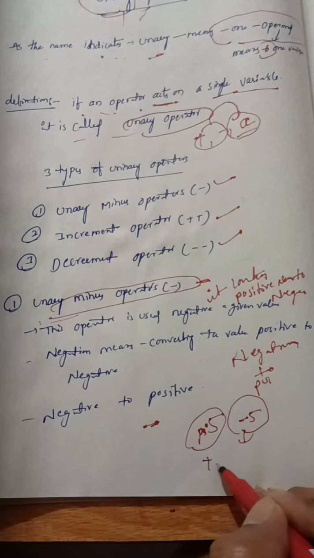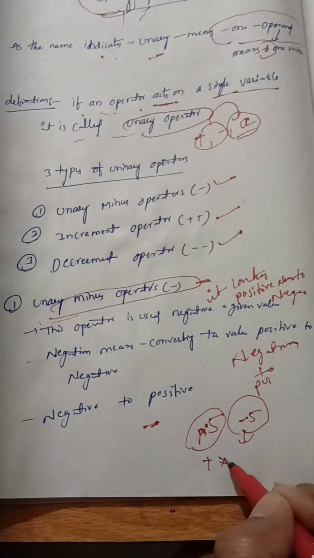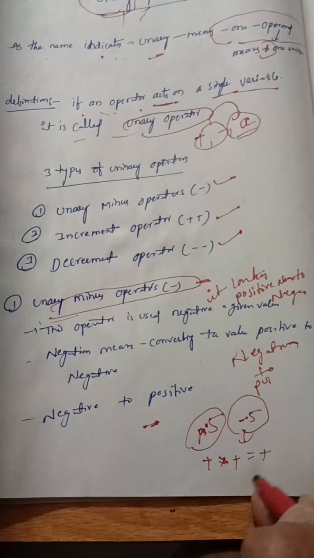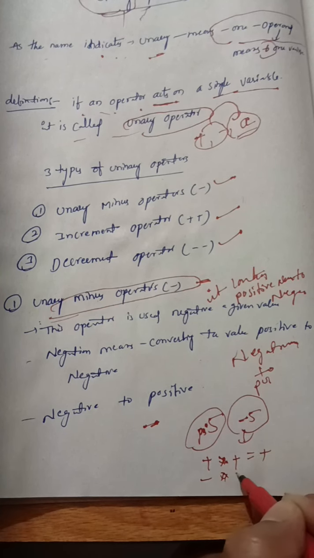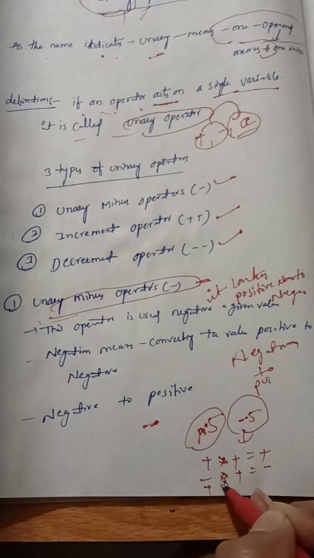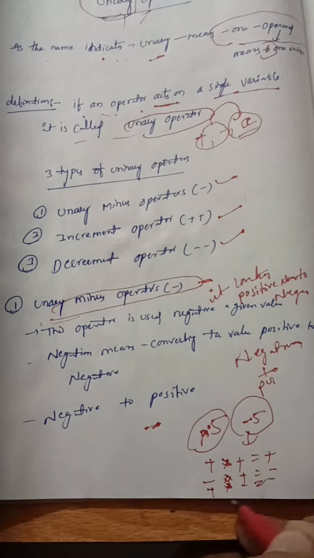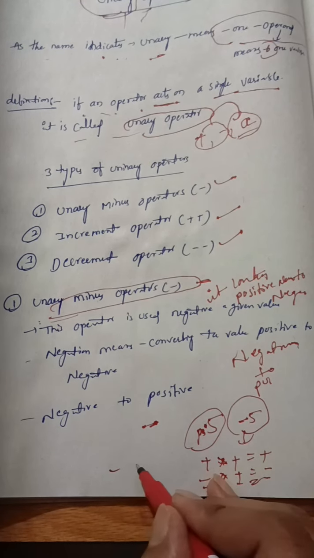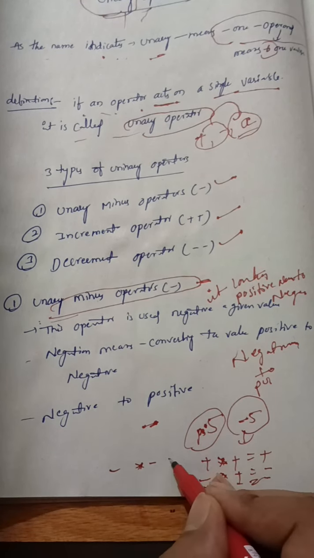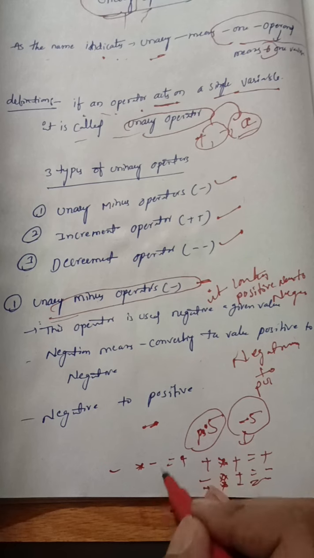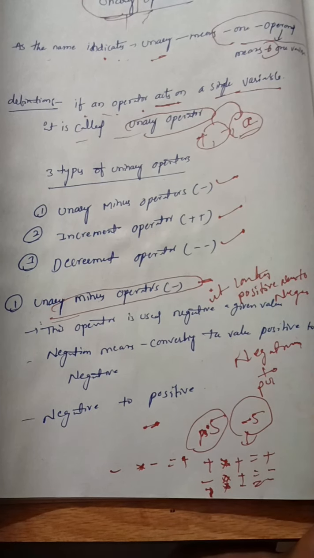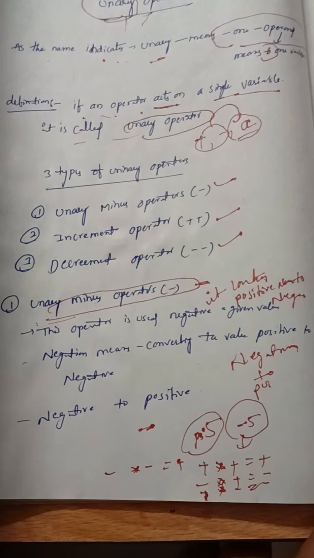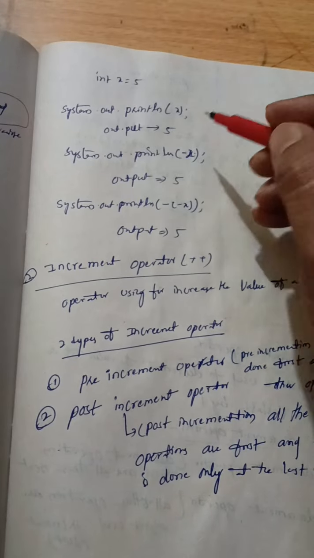Suppose plus into plus, minus into plus, plus into minus, minus into minus gives plus. First you should know this conversion, and then the minus operator becomes easy to understand. Now we are going to see an example of the minus operator.